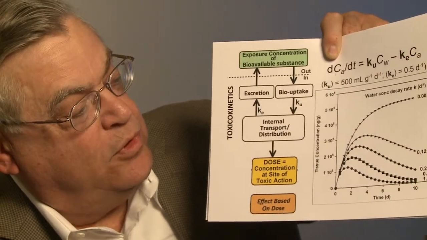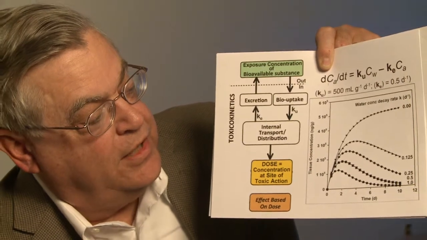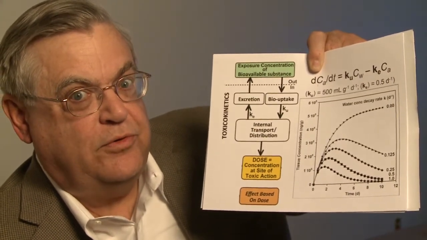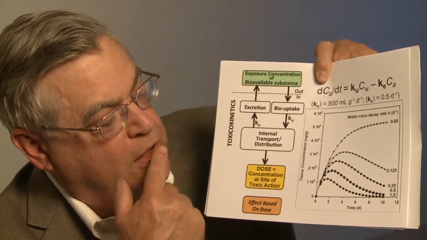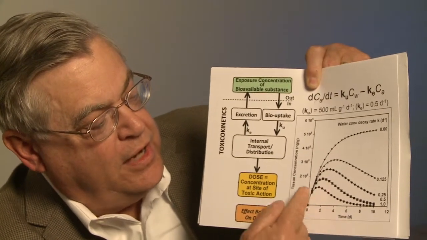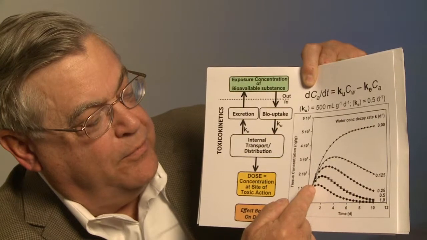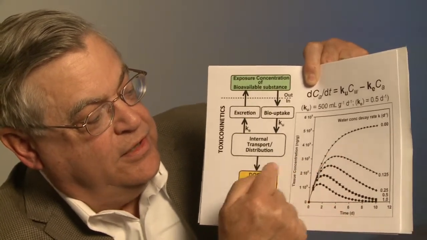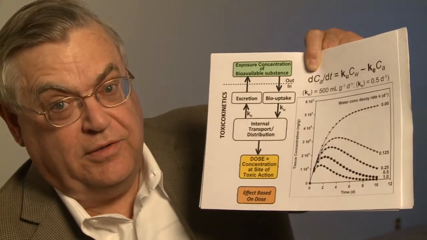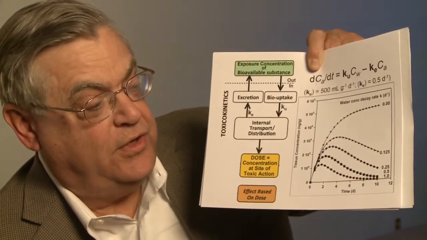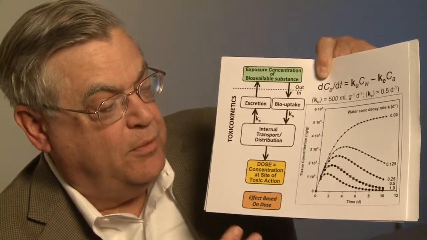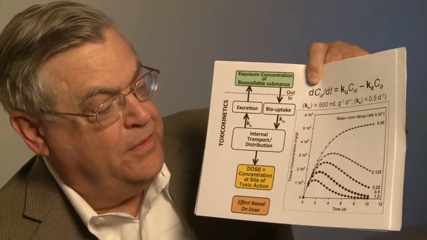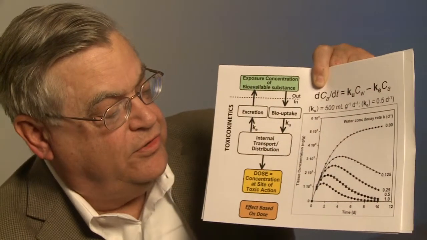And this is very important, because especially if you're looking at systems like developing embryos, the time at which your peak concentration in the tissue occurs is going to affect different stages of development.